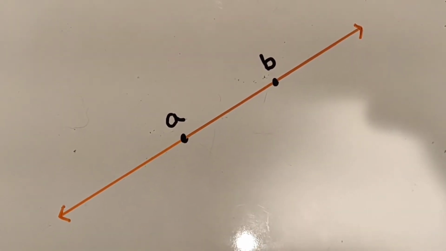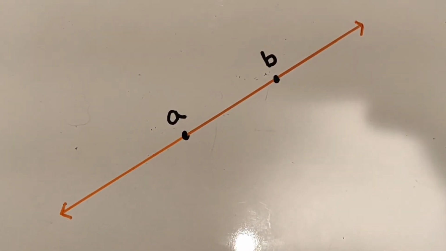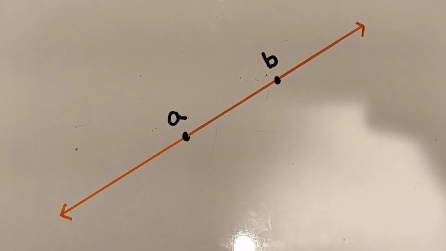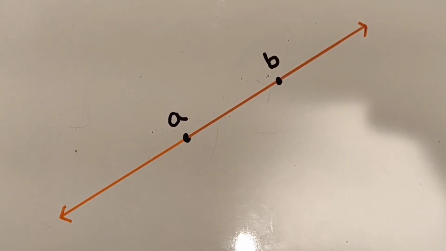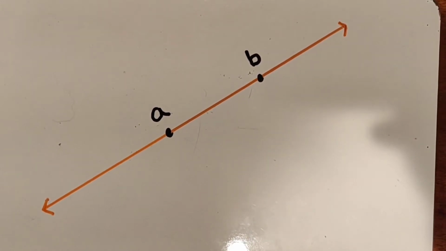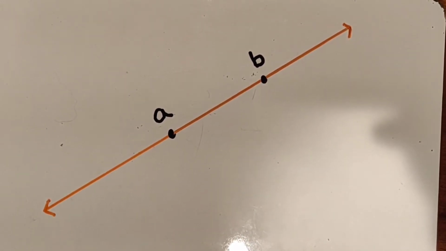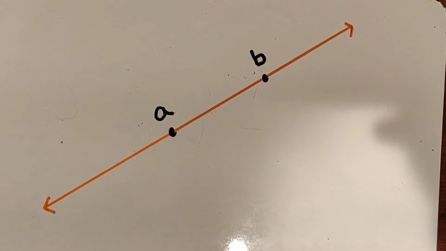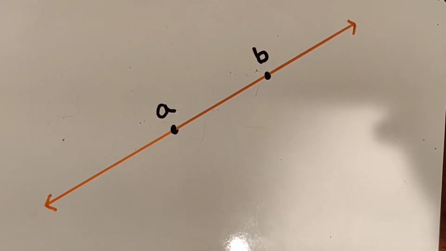So I'll name them point A and point B. And what you should understand is that points often have a name. So here we have a line, and like I said, we know it's a line because it has arrows showing that it keeps going in both directions forever and ever and ever.